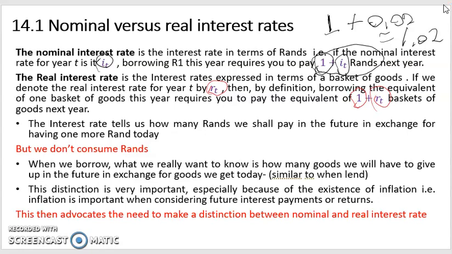For instance, if money depreciates by over 50% and your interest rate is less than 50%, it means that the return in money that you've got is basically less than before. It's similar to lending somebody 1 rand now and only getting 90 cents back next year. So this advocates the need to make the distinction between nominal and real interest rates.